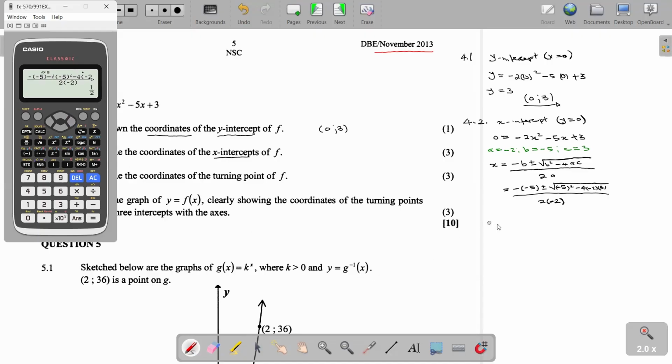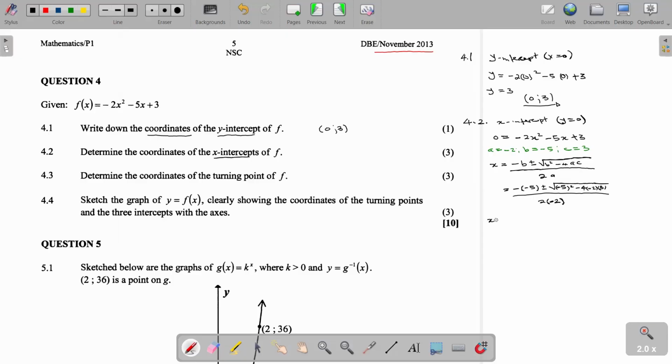or half. So it therefore means our x is equal to minus 3, or our x is equal to half. Then write the final answer as coordinates according to the requirements of the question. So it means we are going to have (minus 3, 0) or (half, 0).